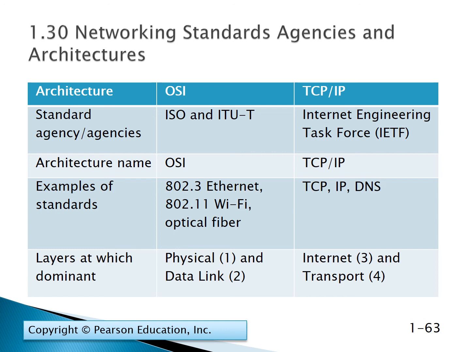And then TCP/IP mostly sets the standards at layer 3 and layer 4, the internet layer and the transport layer. So TCP/IP, domain name services. These are the standards proposed and maintained by TCP/IP, or the Internet Engineering Task Force.